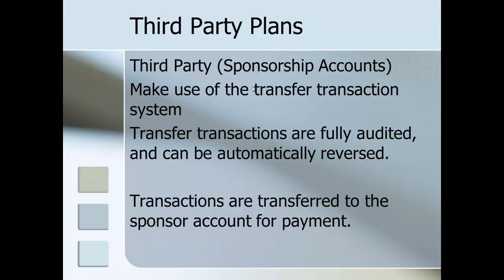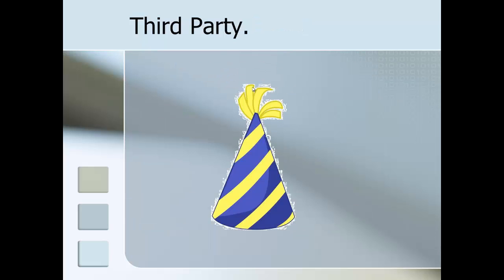Because the system's so highly audited, those transactions can also be completely reversed. So in the example of a third-party account, if an employer makes an agreement to pay for a student and those charges are transferred off to that employer's account, and then that student leaves that employer, you would be able to reverse out that third-party account and put the account back into the same situation it was before the third-party transactions had gone into effect.